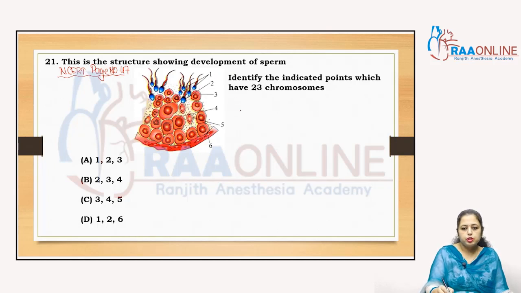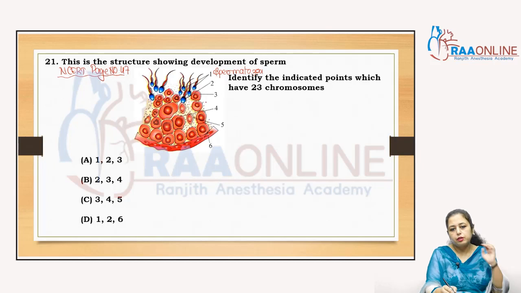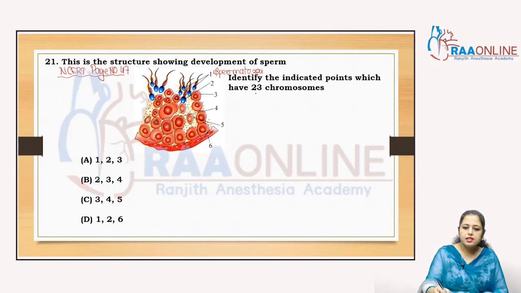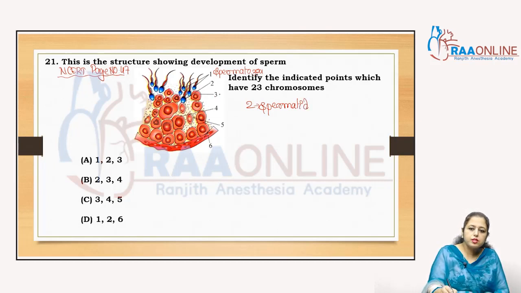In that particular portion, one is the spermatozoa, right? And see here, the sperm head is attached with the Sertoli cells to get nourishment and to complete the process of spermiogenesis. So that is the spermatid, right? 2 is the spermatid, right?